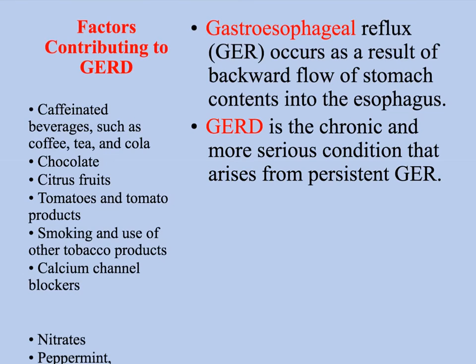If you reviewed your anatomy and physiology of your upper GI system, you know that you have a patient who has this esophagus. If this is a patient's face, it's not a very good drawing, but you have the throat where they swallow their food and it goes into the esophagus that leads into the stomach.